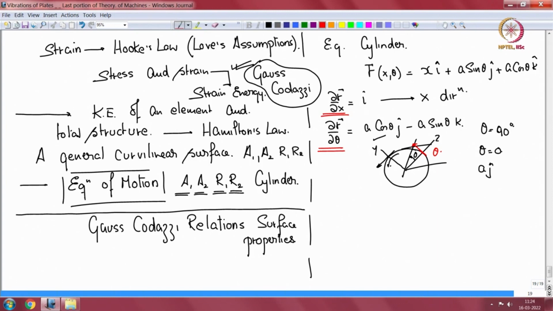So now let us look at this thing called Gauss Codazzi relation. So the unit tangent vectors in the alpha 1 and alpha 2 directions.